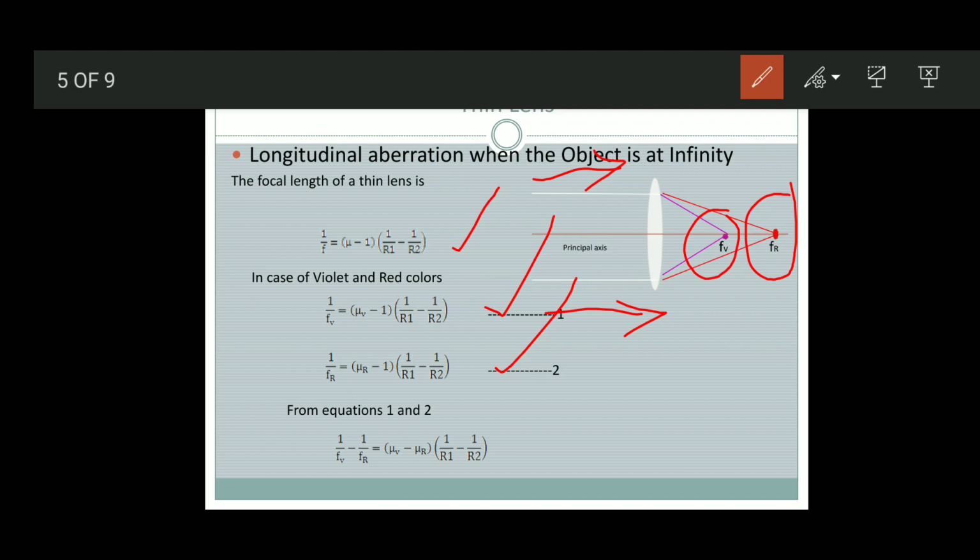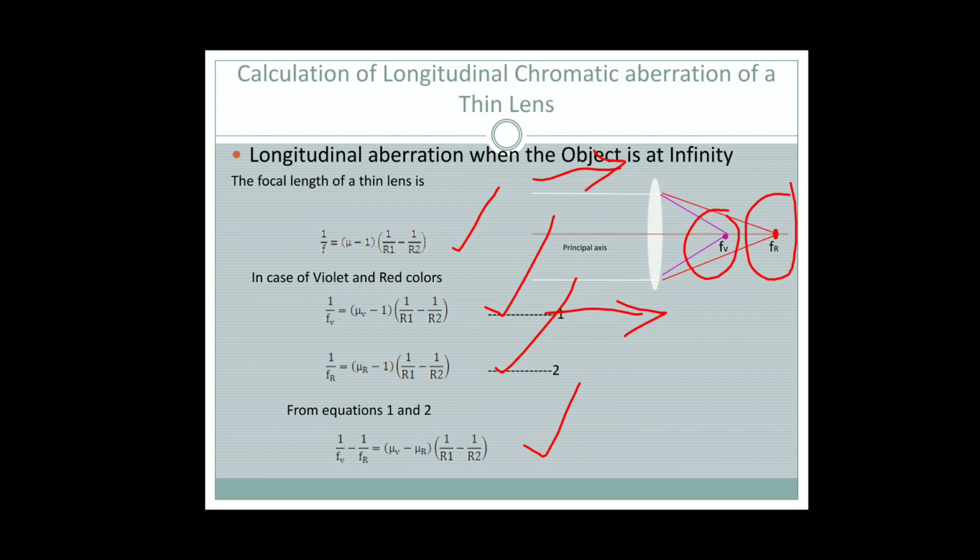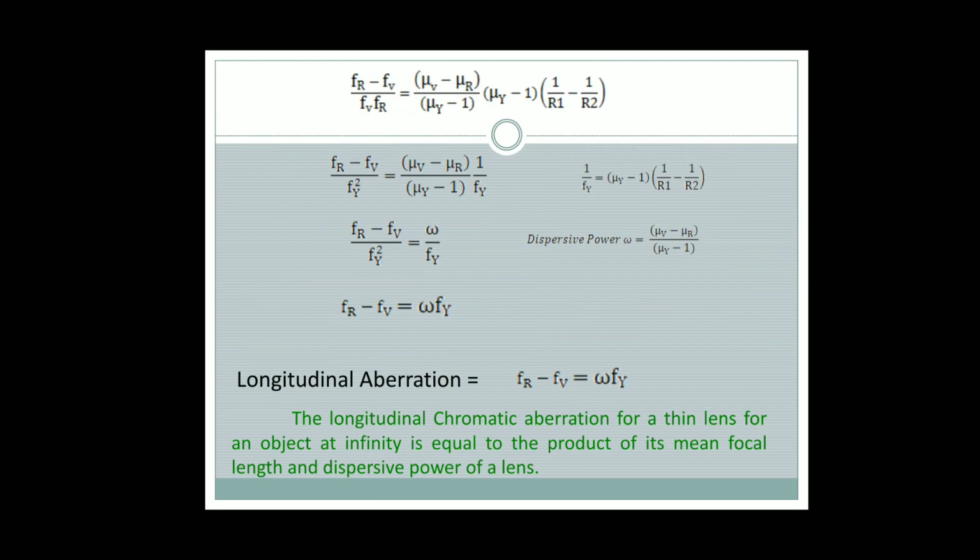From the above equations, when subtracting, 1 by Fv minus 1 by Fr is equal to (mu V minus mu R) into (1 by R1 minus 1 by R2). Taking the LCM on both sides, (Fr minus Fv) by (Fr Fv) is equal to (mu V minus mu R) into (1 by R1 minus 1 by R2).